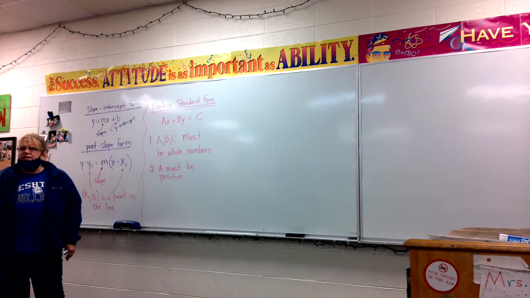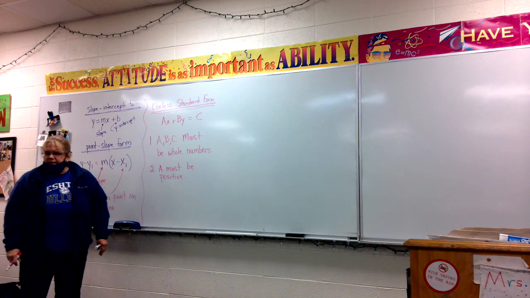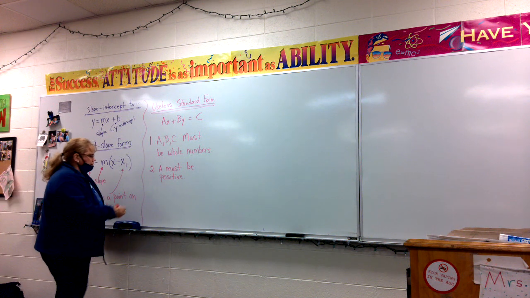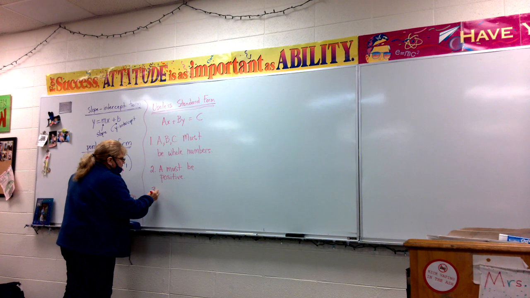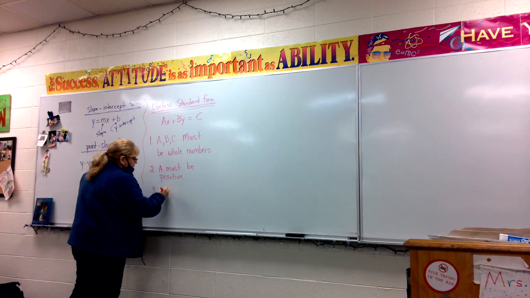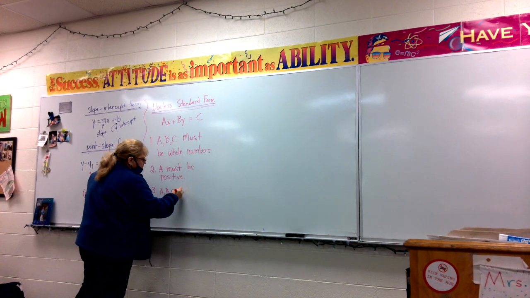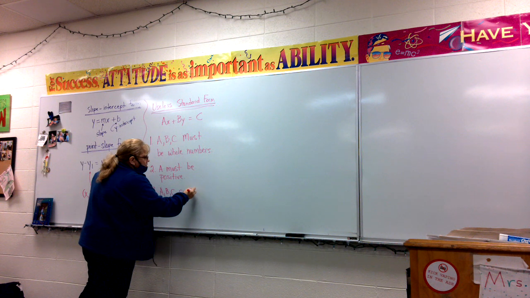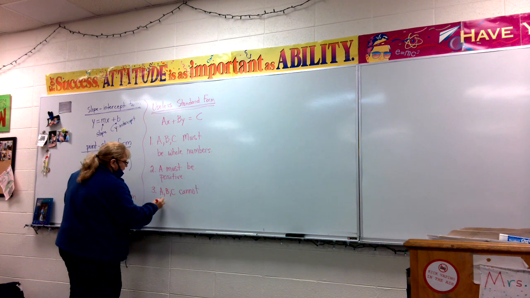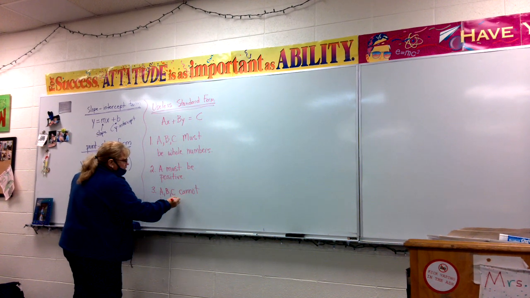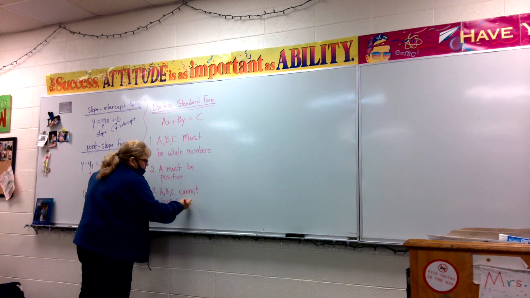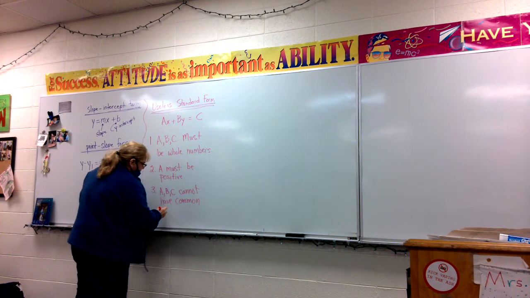If it doesn't, then you have to multiply by -1 and make everything positive. And the third rule: A, B, C cannot have common factors.